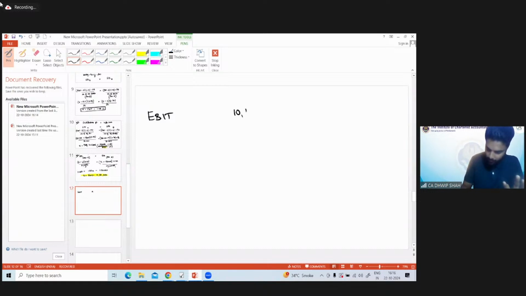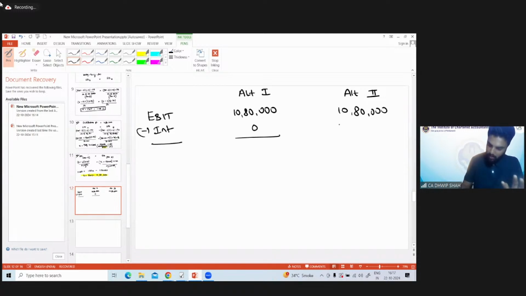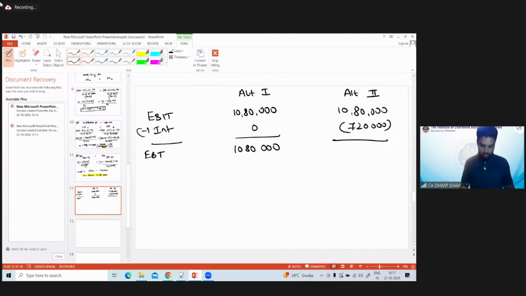EBIT 1080 under both the alternatives. Interest 0, interest 720. EBT 1080, 360.